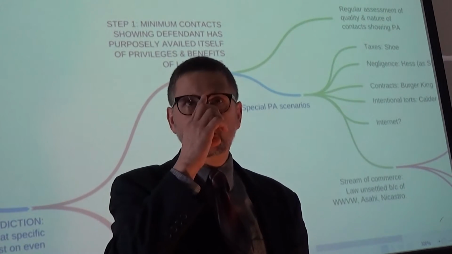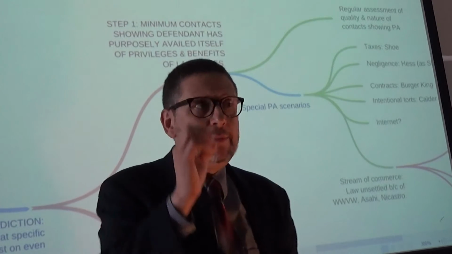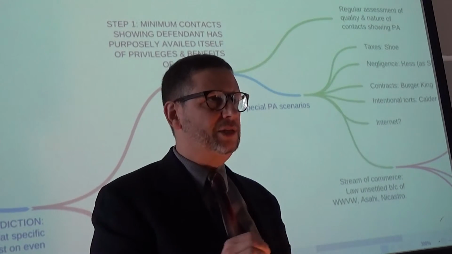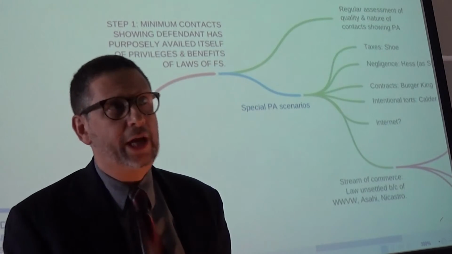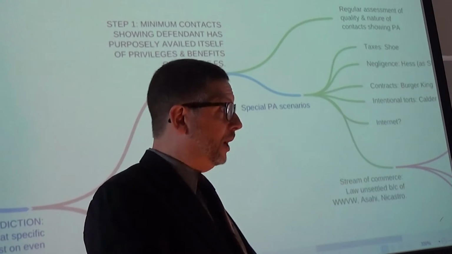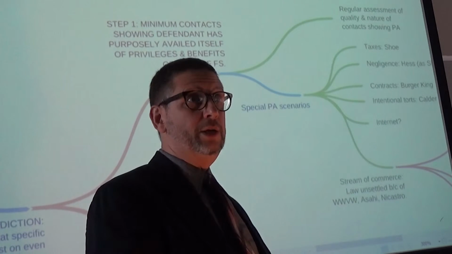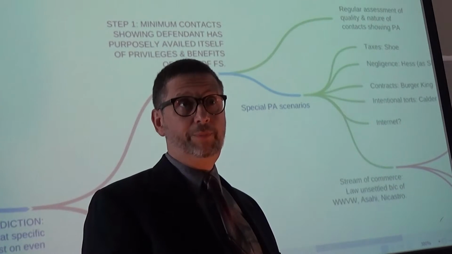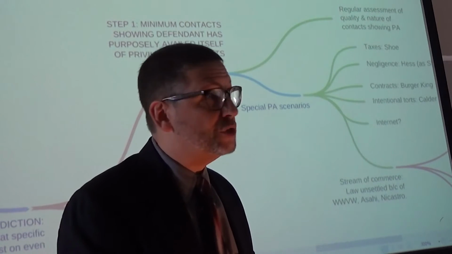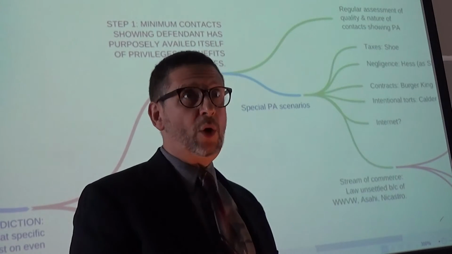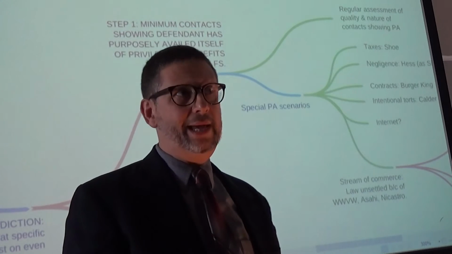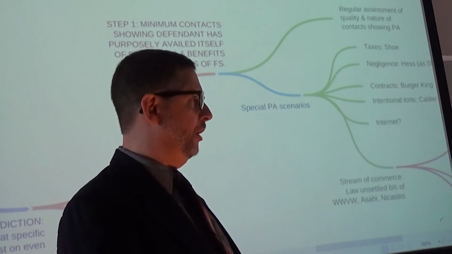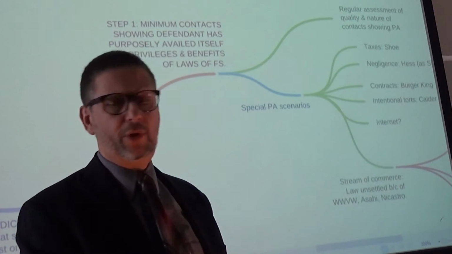For specific jurisdiction, it may be the case that a single contact is enough. However, there can be more contacts. Generally speaking, the more extensive the contacts, the easier it is going to be to show specific jurisdiction. So it may be the contacts are single and isolated, or it may be the contacts are systematic and continuous. What matters under this first step is that there's purposeful availment, okay? And then you talk about the contacts.